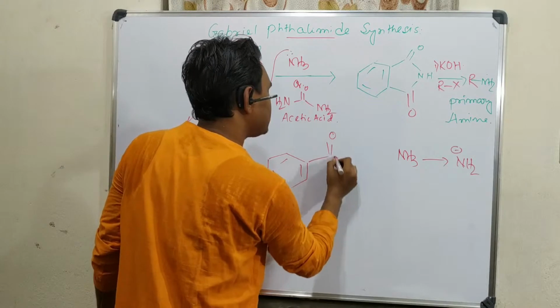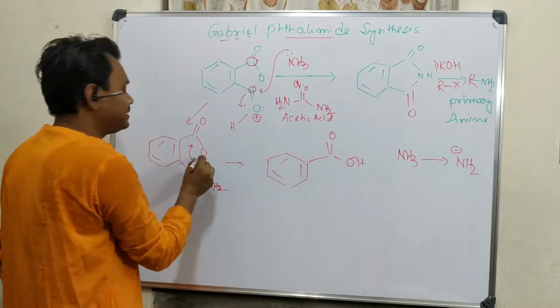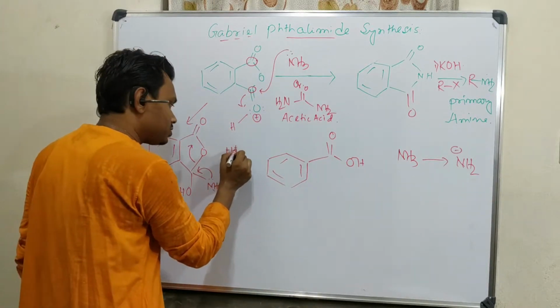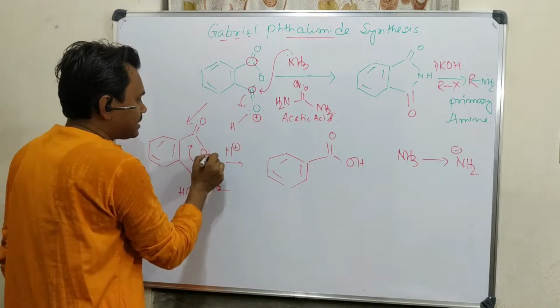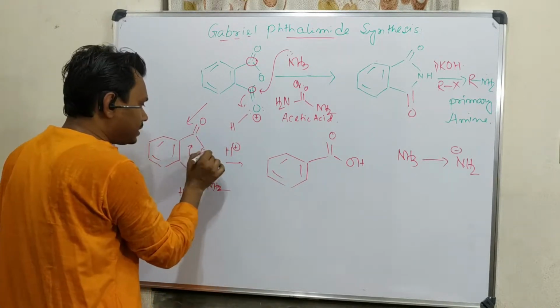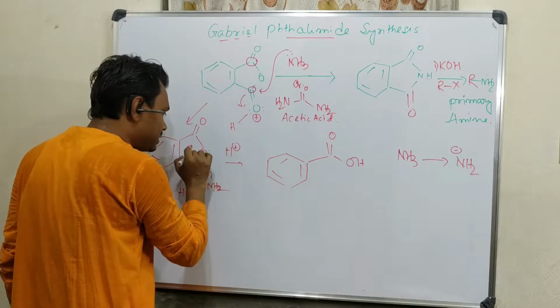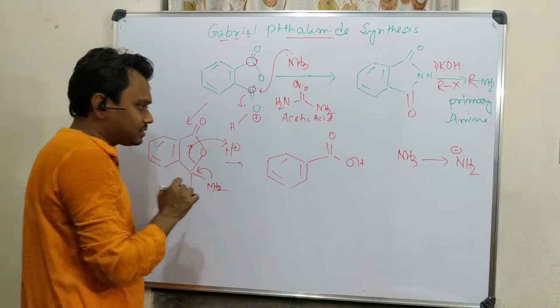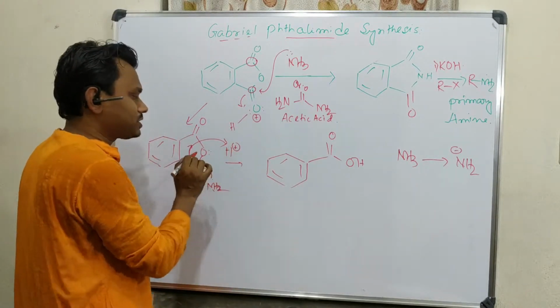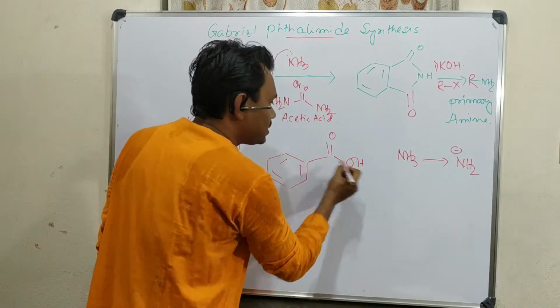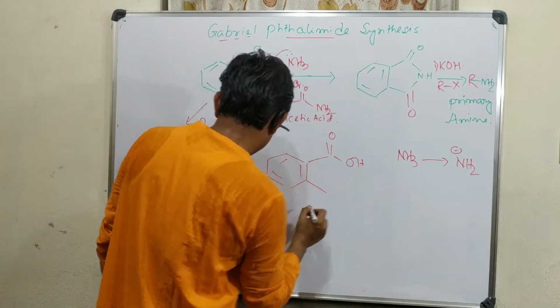This will be carboxylic acid. Since this is in acidic medium, actually if we write this, the negative charge will be consumed by the acid. I am skipping the step. It should be stepwise, but I am reducing the steps.